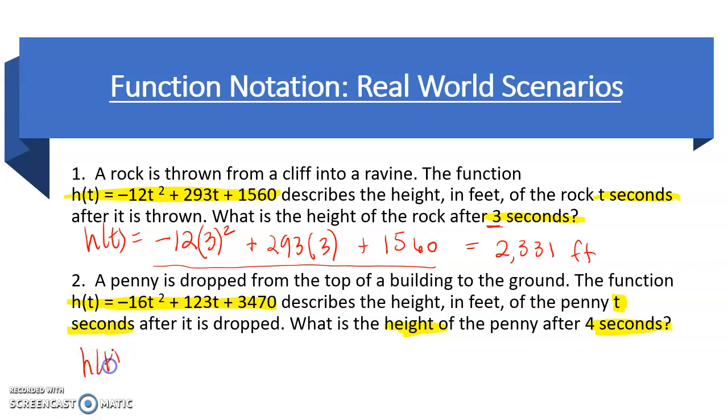So h of t equals, and then from here on is what you put in the calculator after the equal sign. So you'll hit negative 16. As soon as you see a t, open parentheses, 4, close parentheses, squared, plus 123. There's a t, so I open parentheses, 4, close parentheses, plus 3,470.